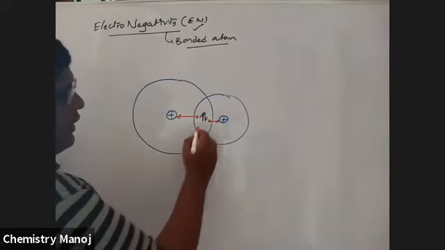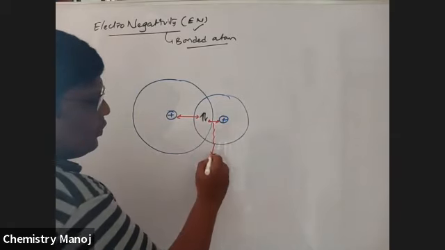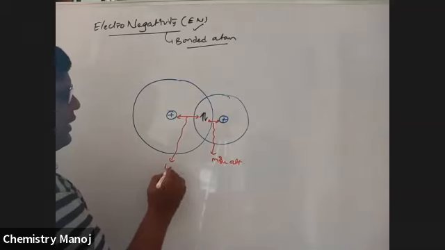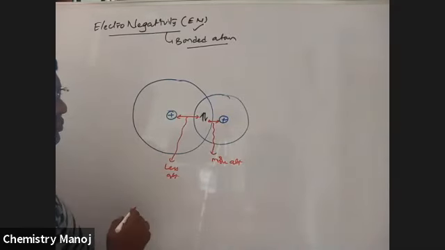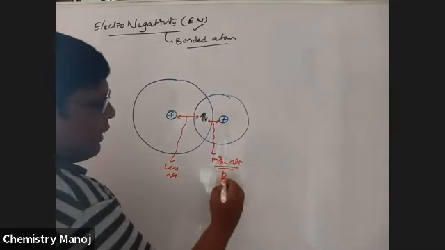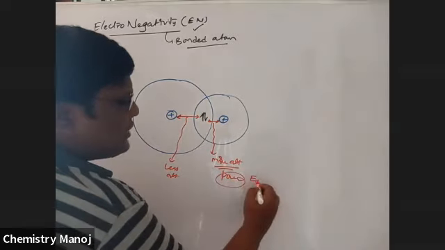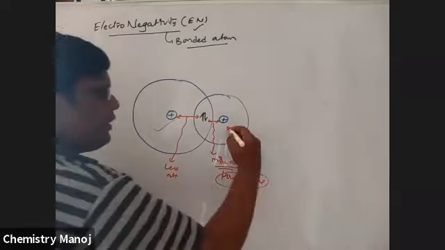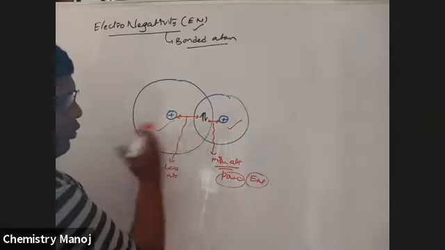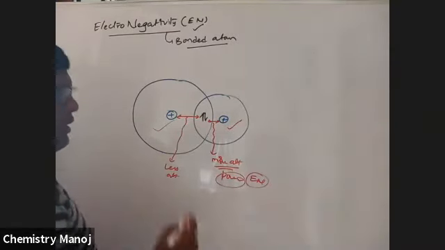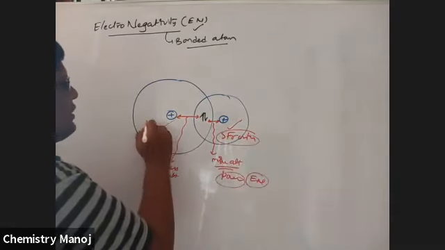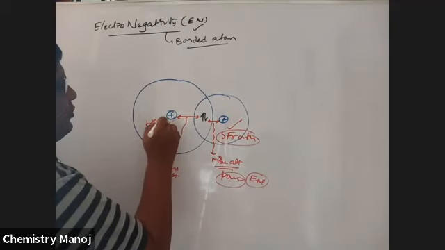That is why here there is more attraction and there less attraction. That attractive power is called electronegativity. Both attract the electron pair, but one strongly and the other weakly.